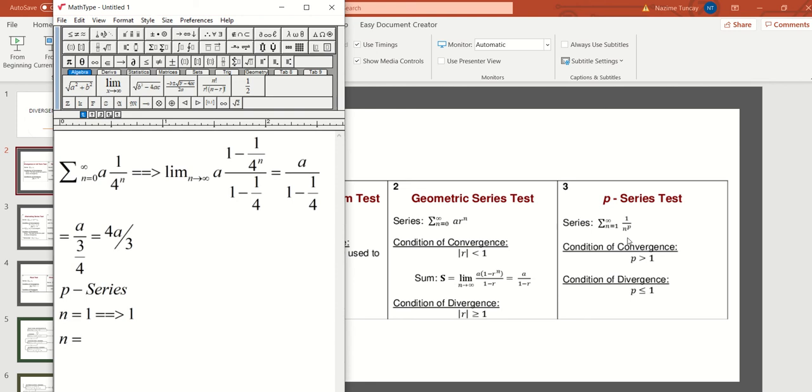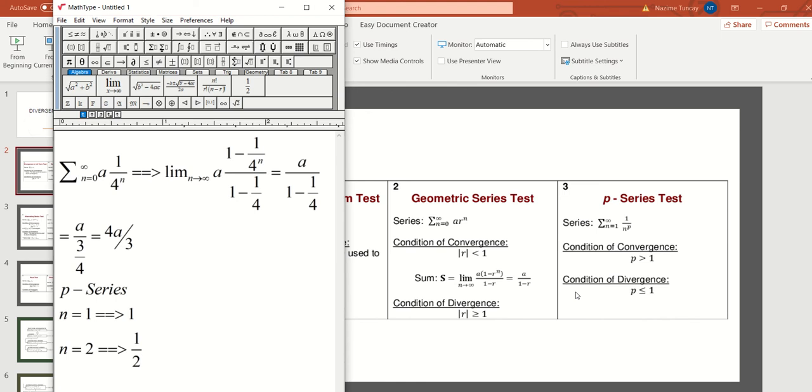When n equals 2, let us think what happens. It is 1 over 2 to the power P. If P is a positive number bigger than 1, then this series converges. We are going to talk about it.